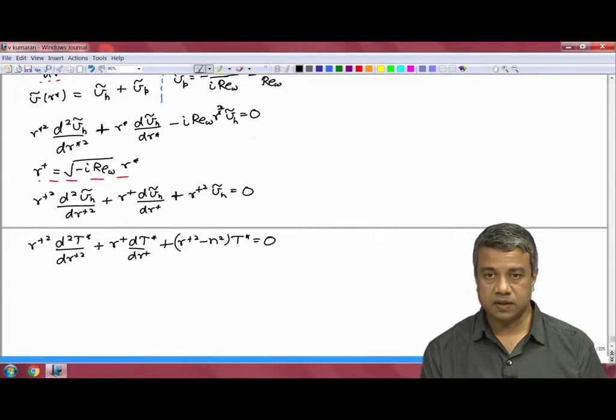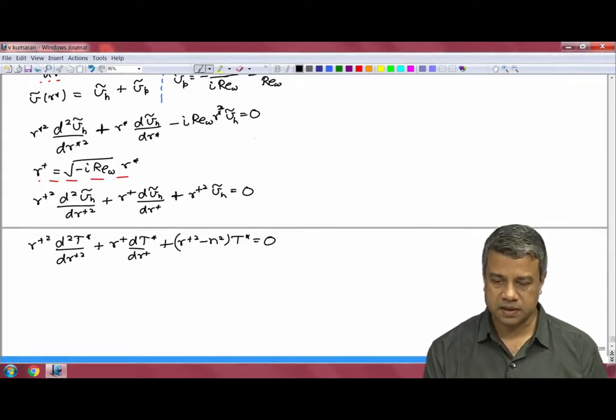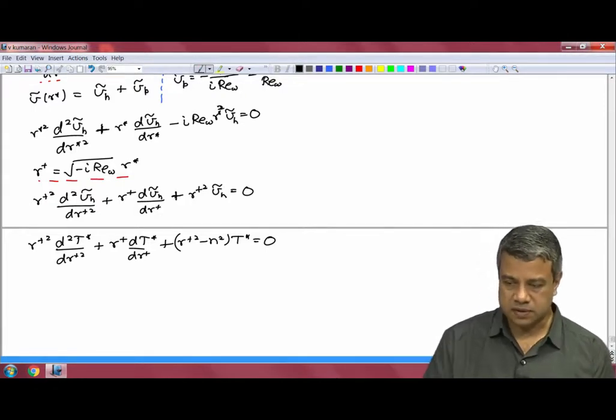So, this is the same equation as that equation with n is equal to 0.